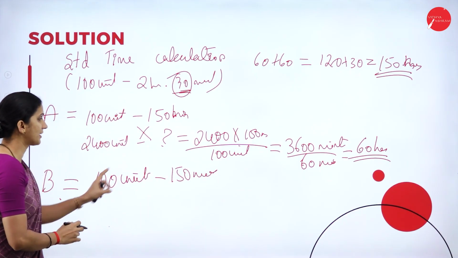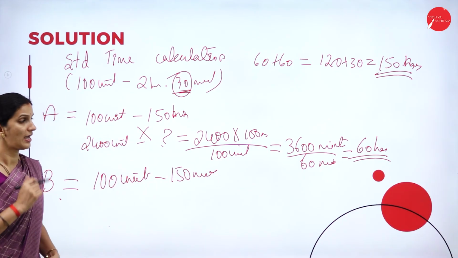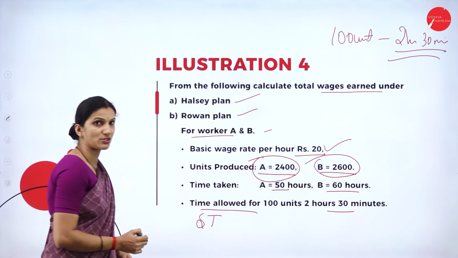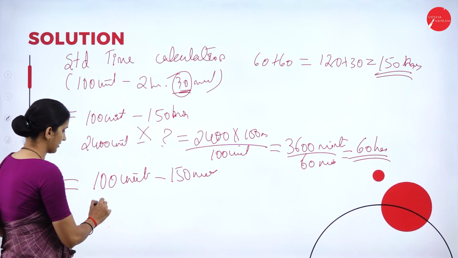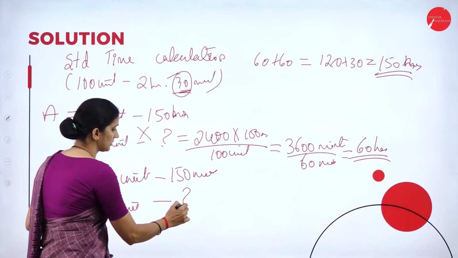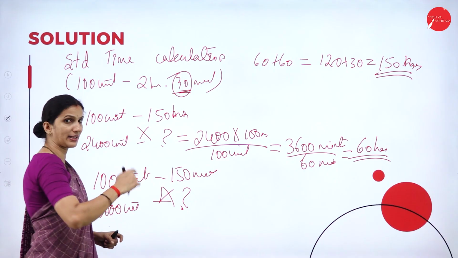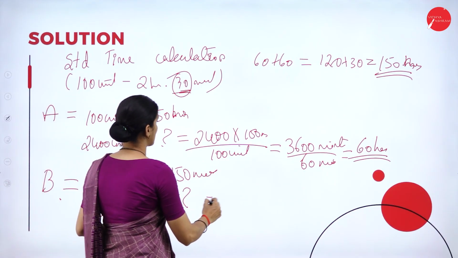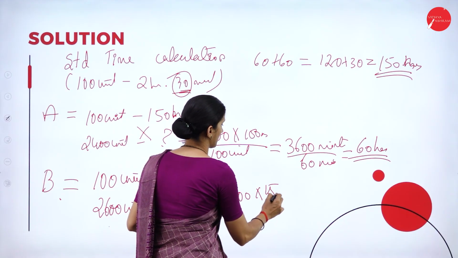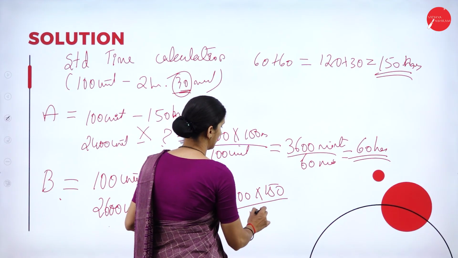Right. So for 100 units it is 150 minutes, and what is the unit produced by worker B? It is 2600. That means for 2600 units, what is the minutes requirement? Again cross multiplication, that is 2600 units into 150 divided by 100.